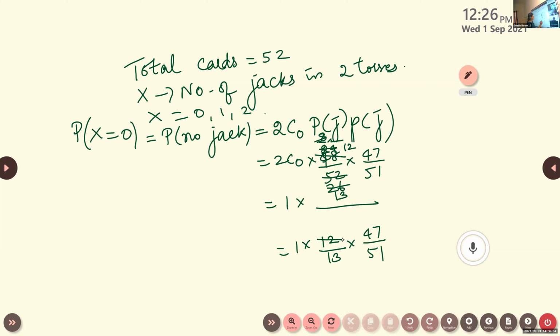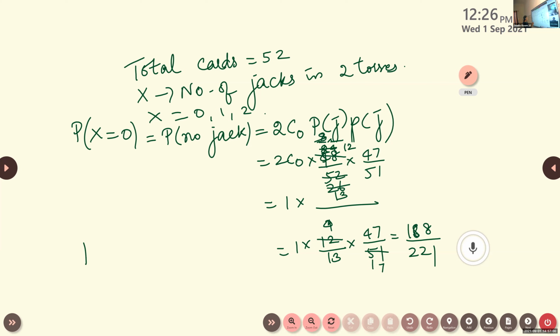Again, if you cancel this, this one will become 4. 3 times 17. So 7 4s are 28, 16, 188 by 13 into 17. Is it 221? Are you getting like this?